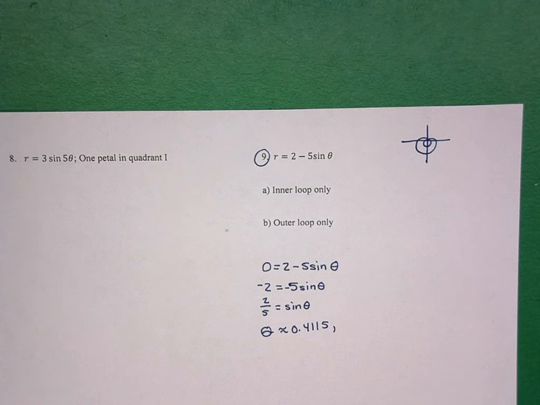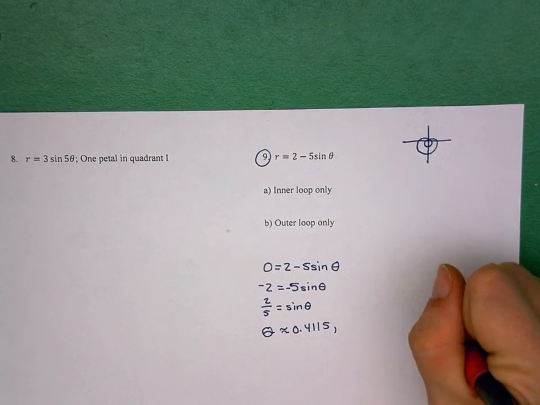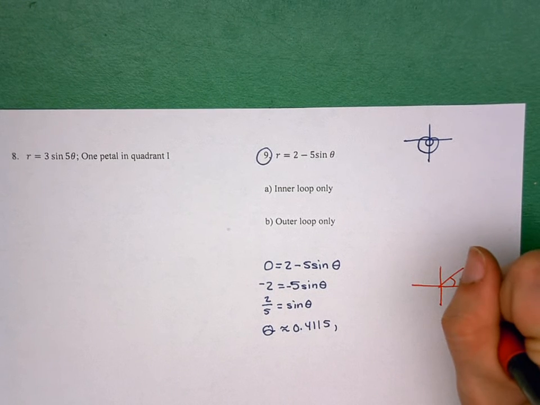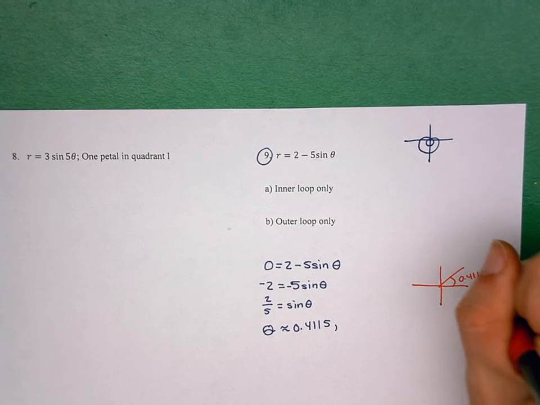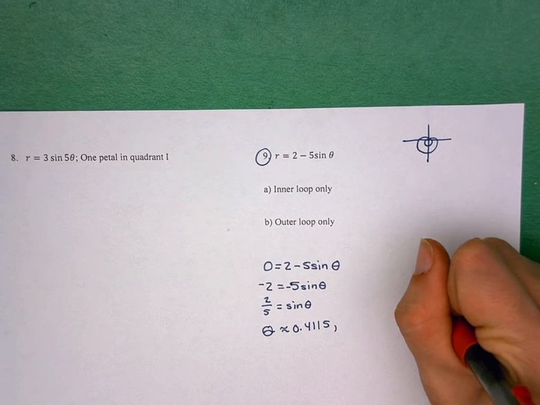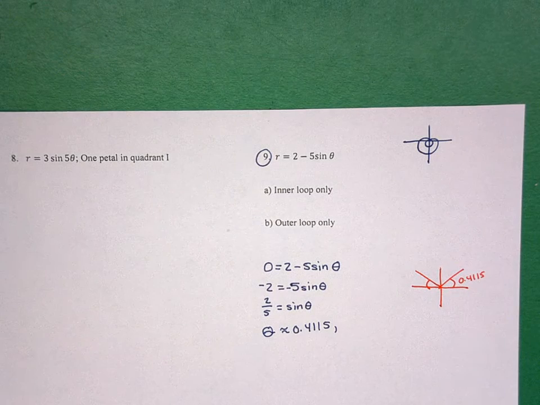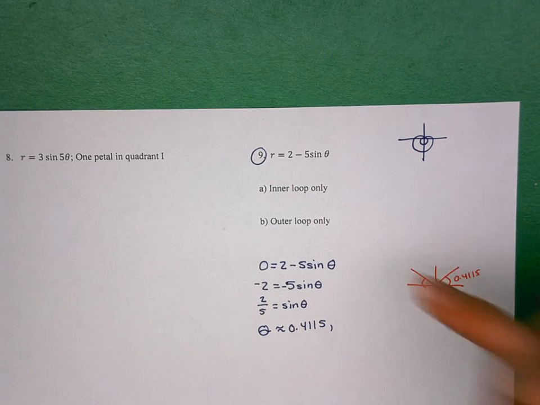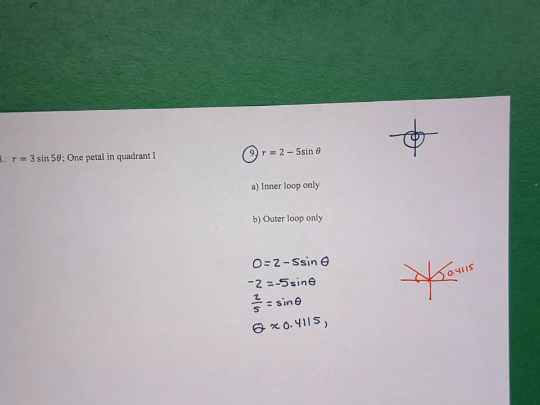Then there are other angle measures where that would exist. Again, quick little rough sketch. Where else is sine positive besides in the first quadrant? Well, sine is also positive in the second quadrant. So how could I name that angle measure in my second quadrant that is related to that 0.4115? We can't call it 0.4115.